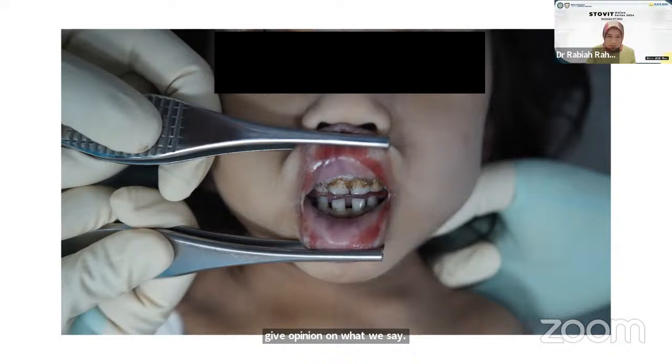So that's the teeth of the child. You can see those are not caries. Those are just generalized staining. It's quite brownish. And we did this postmortem.